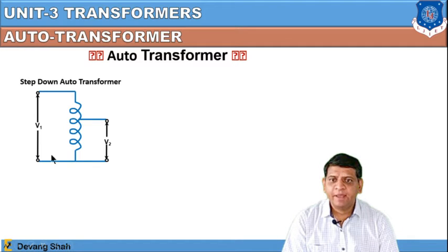Here N1 is the number of turns of the primary winding and N2 is the number of turns of the secondary winding, where N2 is lesser than N1. That means this operation is a step down, where V2 is lesser than V1. Within one winding you get the primary winding as well as the secondary winding. That's why it is defined as an auto transformer.